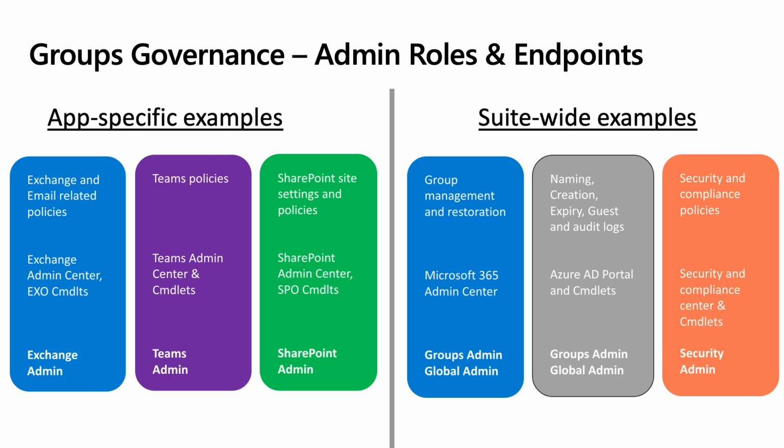Here you can see that some of the options, like being able to look at all the groups and being able to restore deleted groups, would be in the Microsoft 365 Admin Center. And going forward, that is going to be one of the primary endpoints for you to manage all your groups. Secondly, we do have some directory related policies and audit logs available in the Azure AD portal. And for all the compliance features, like say the sensitivity label or the retention policies we talked about, you can define them in the compliance and security admin centers.